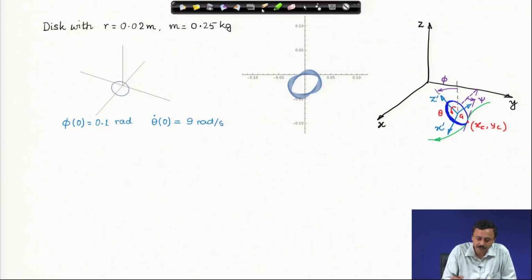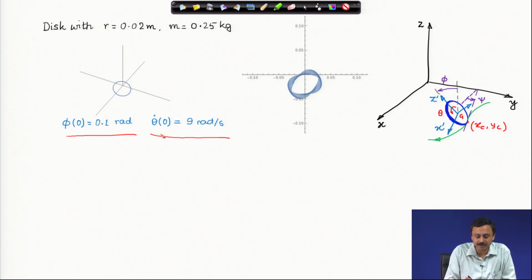The first example that I am showing here: the initial condition at time t equal to 0, phi is 0.1 radian, there is a tilt, and theta dot, the spin rate, I give a spin to the coin and I consider that it is rolling without slipping.